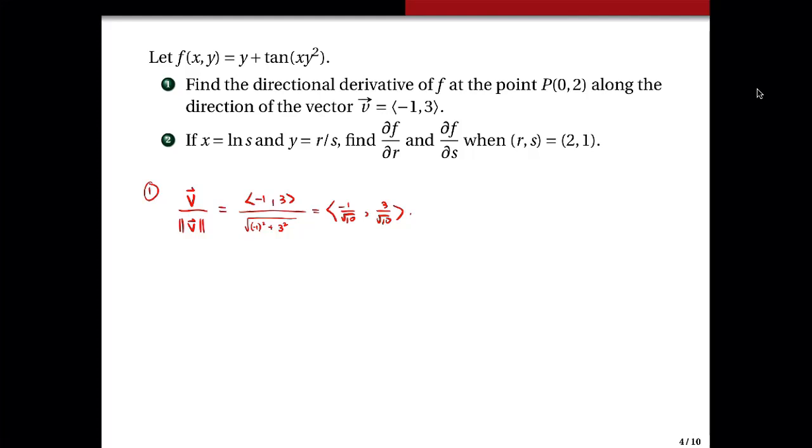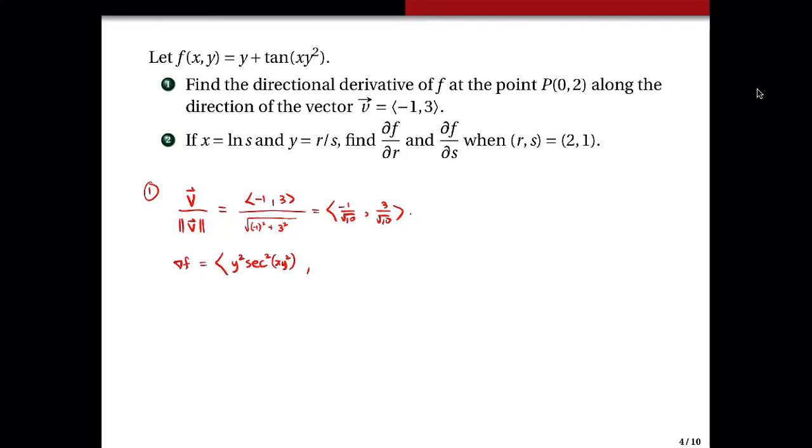So we have the unit vector. Then let's find the gradient of f. The first component is the derivative with respect to x. Derivative of the tangent function is secant squared, with the argument x y squared, and then by chain rule, we multiply by y squared. That's the first component of this gradient.